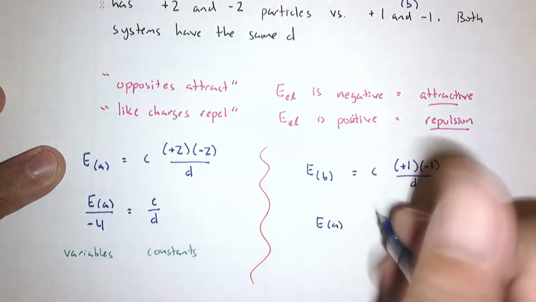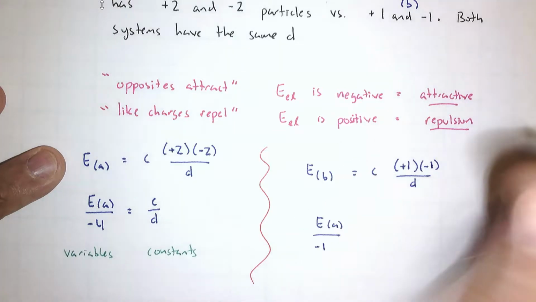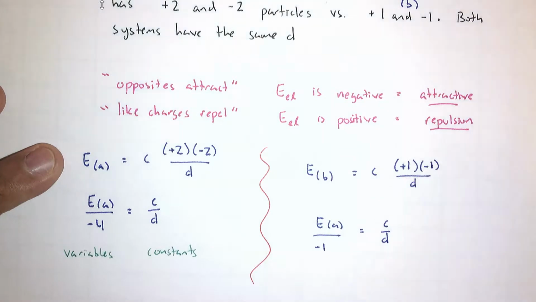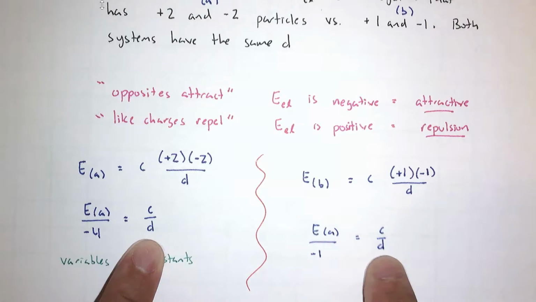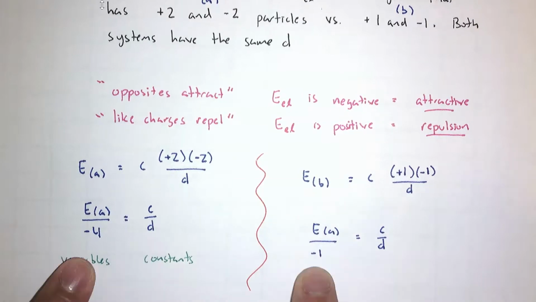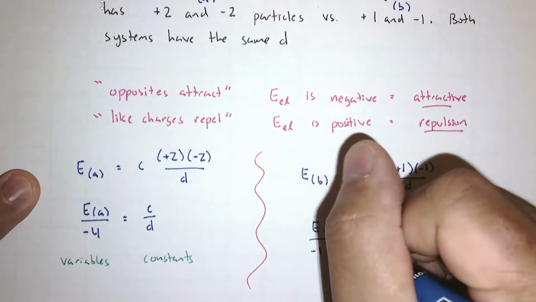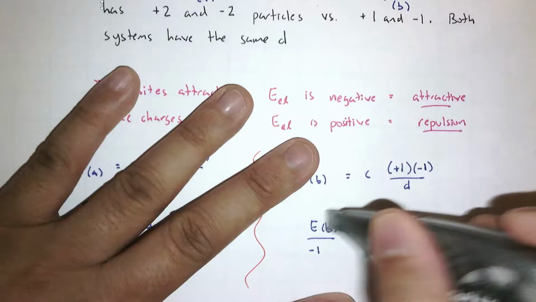Bring that over. It's -1, right? And equals C over D. Now, do you see how both of them can equal C over D? And these are constants. So I could set these two equal to each other. This should be B, sorry.